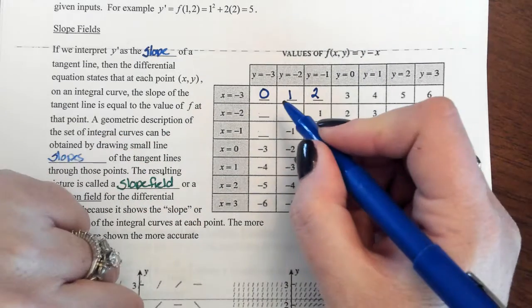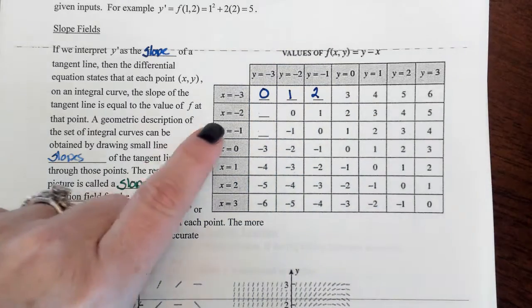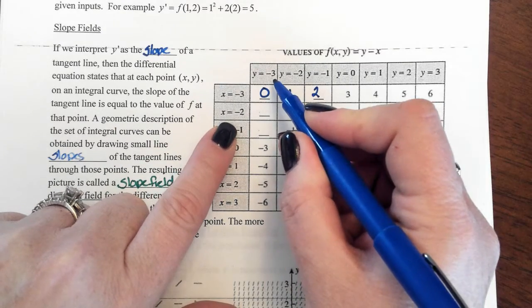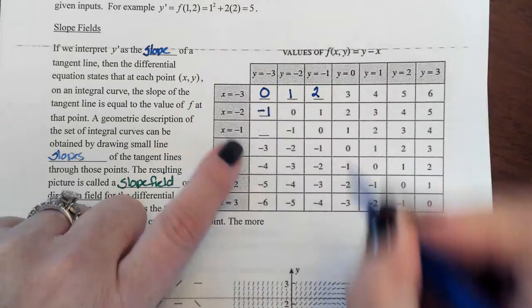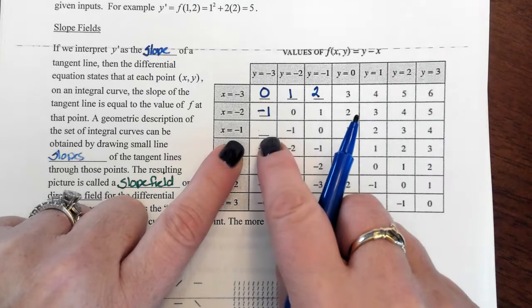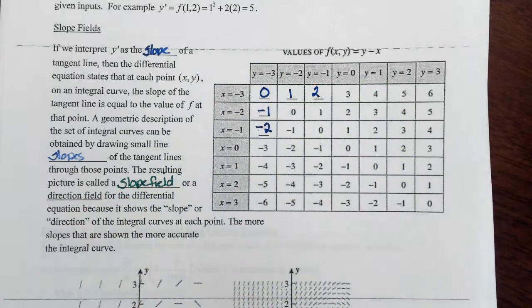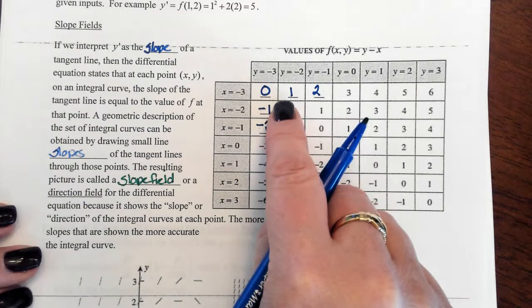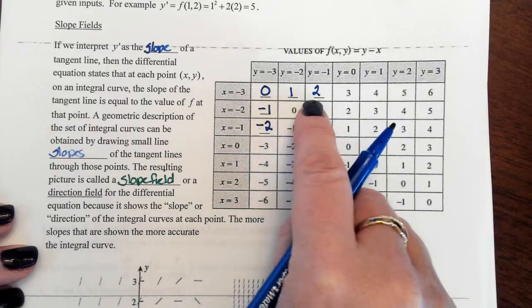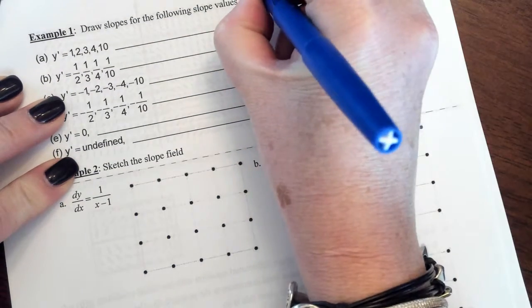So what I can do then is draw small tangent lines at each of these points to construct the slope field. Then x is -2, y is -3: -3 minus -2 gives me -1. Then -3 minus -1 gives me -2. Now, for the way you actually sketch these small tangent lines, for example with a slope of 1 or a slope of 2, here's a safe rule of thumb.